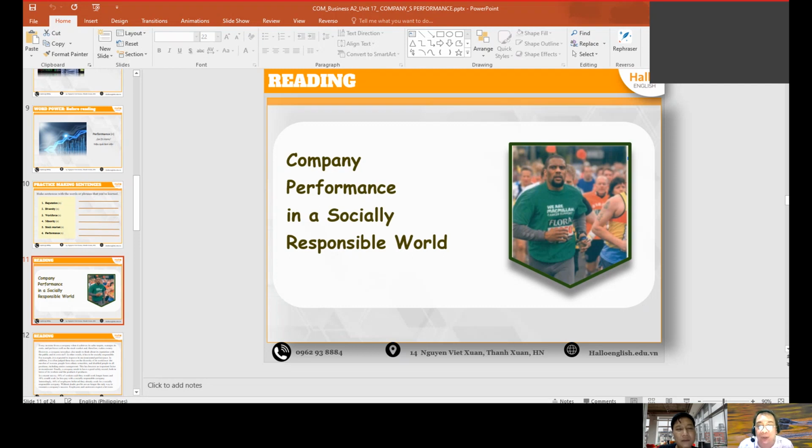Look at this one, he's wearing a t-shirt. Actually, you have a uniform for that. Using a marathon, you can put the name of your company, and that is one of your responsibilities in a socially responsible world.